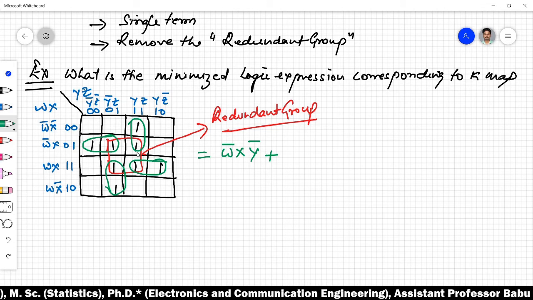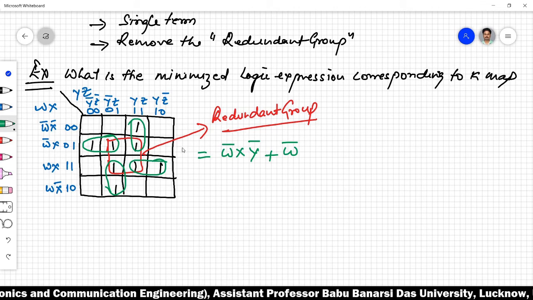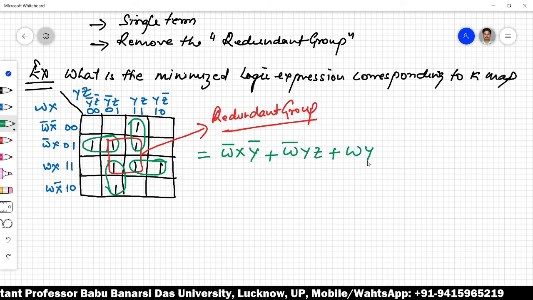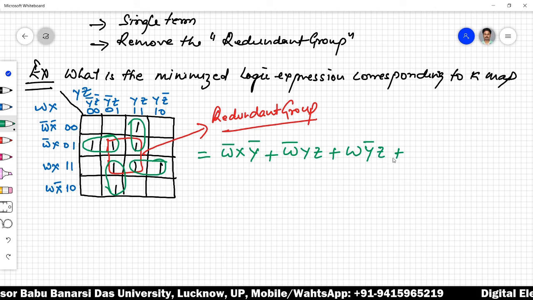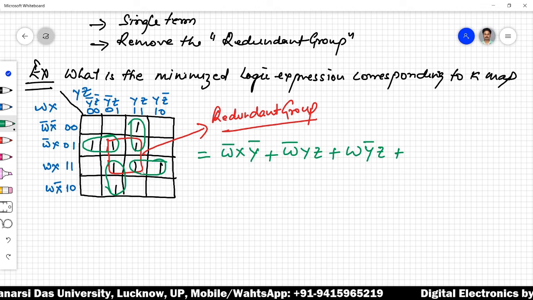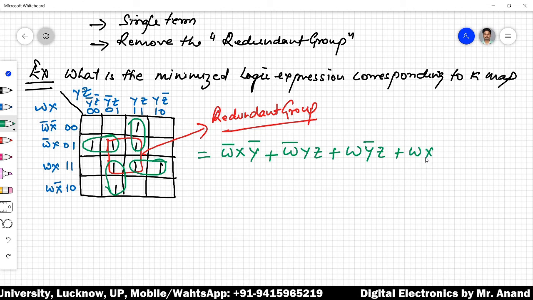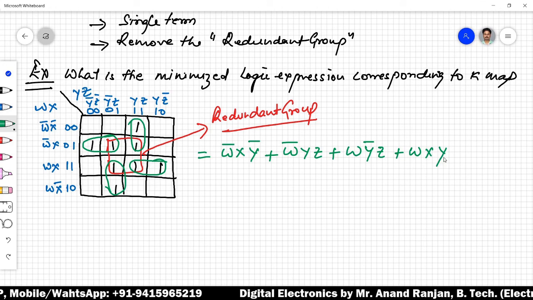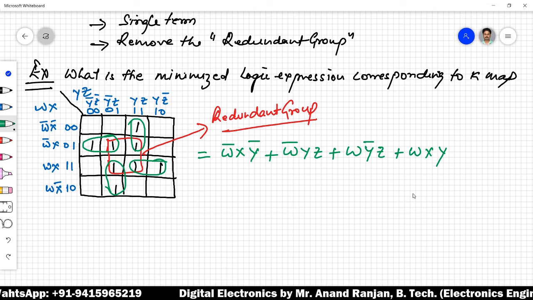Then the second group. In this group, row-wise you get W bar, and column-wise Y and Z bar. Similarly, in the third group, row-wise you have W, and column-wise Y bar Z. The fourth group or pair, row-wise you have W X, and column-wise Y. So this is the simplification of the given problem.